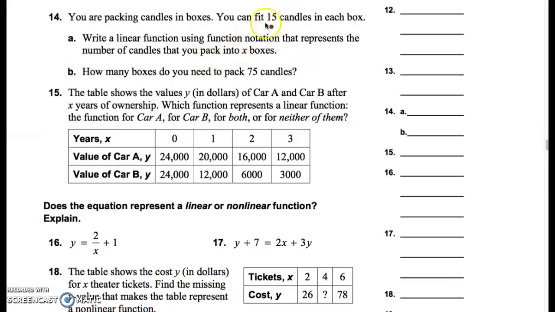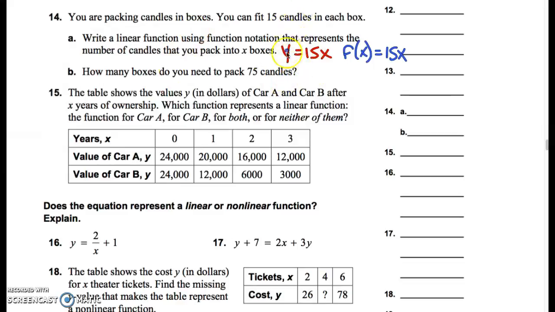Well, if you can put 15 in every box, your equation is just going to be y equals 15x. Okay, now if they wanted in function notation, instead of the y, you would just write the f of x equals 15x.